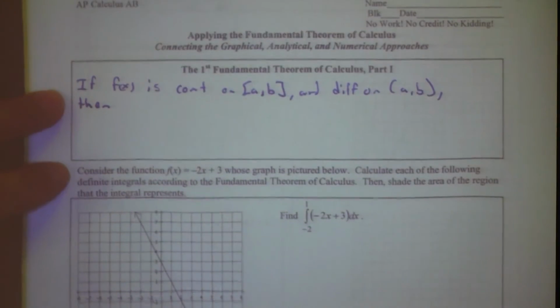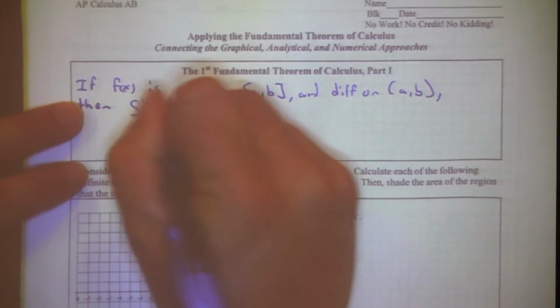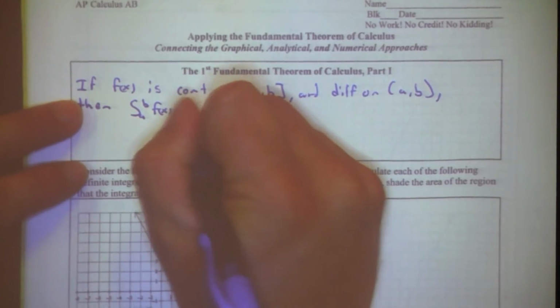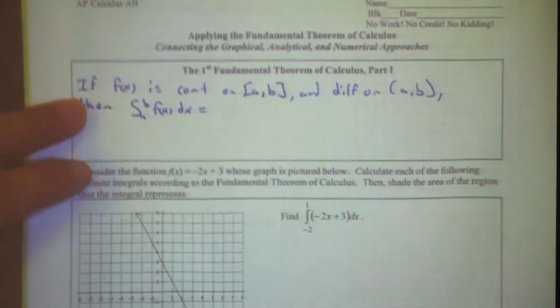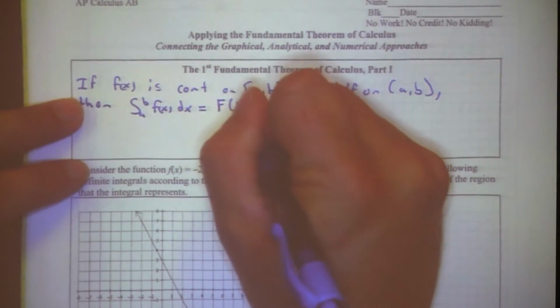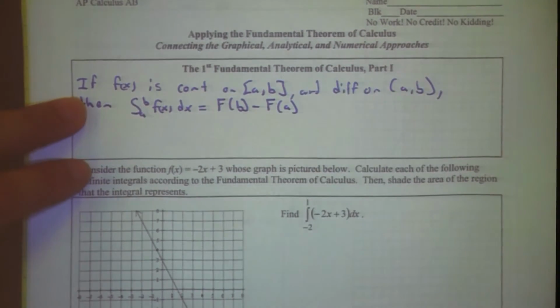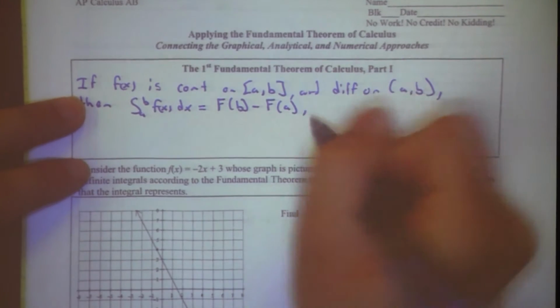So if these two things are true, then the integral from a to b of that lowercase f of x function is going to be equal to capital F of b minus capital F of a. What do you think that capital F function represents?